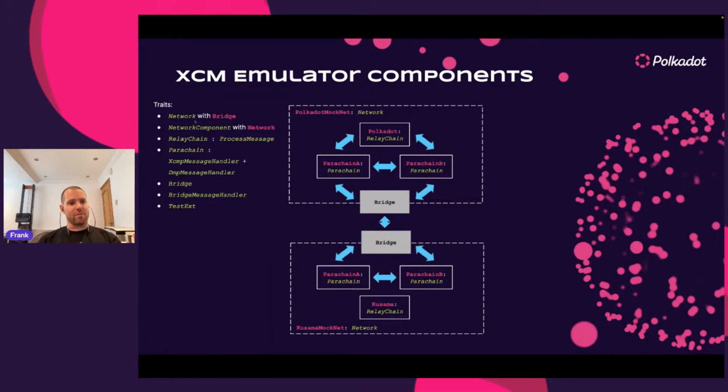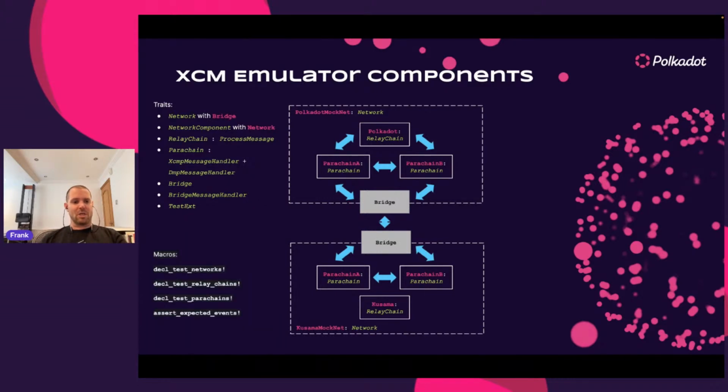So obviously we've got the network for defining a network with an optional bridge associated type. We've got the network components, which is essentially just a facade over the message queues, which are held in memory. And then we've got all the other usual candidates like relay chains, parachains, bridges, and most importantly, our test externalities for actually running the tests.